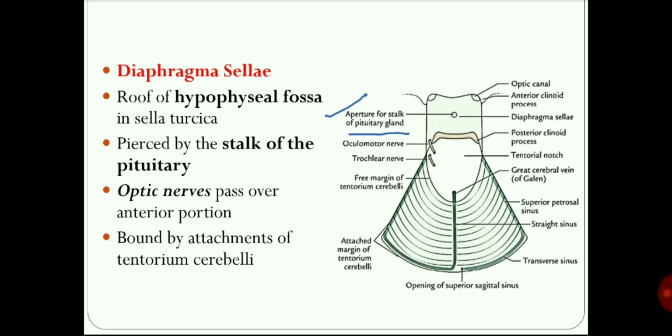Now the optic nerve passes over the anterior portion of this diaphragma sellae in the region of the optic canal, and it is bounded by attachments of the tentorium cerebelli. As you can see, the free margin of the tentorium cerebelli is extending lateral to the diaphragma sellae. So this diaphragma sellae is a circular fold, and in the center here is the stalk of the pituitary gland.